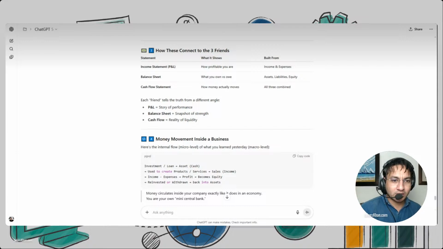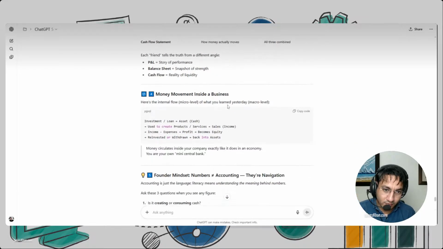Each friend tells the truth from a different angle. P&L, story of performance; balance sheet, snapshot of strength; and cash flow, reality of liquidity, how much cash you actually have or how it is moving in your business. But we will go deeper afterwards.